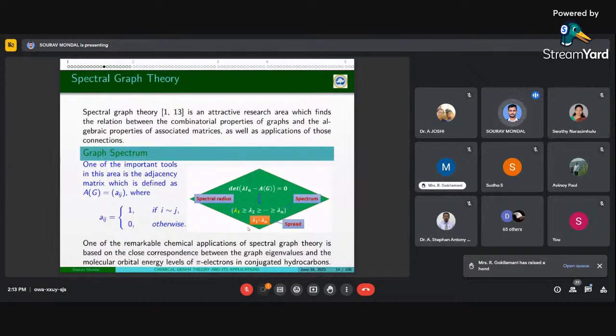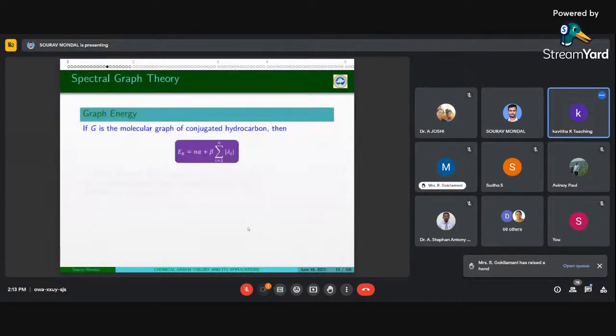There is a close correspondence between graph spectrum and pi electron energy of conjugated hydrocarbons. Pi electron energy of a conjugated hydrocarbon is n alpha plus beta into summation of mod lambda i, where lambda i are the eigenvalues of molecular graph G. Here n, alpha, beta are constants, and the summation term is the only non-trivial quantity.